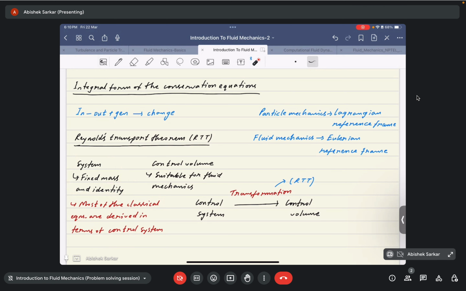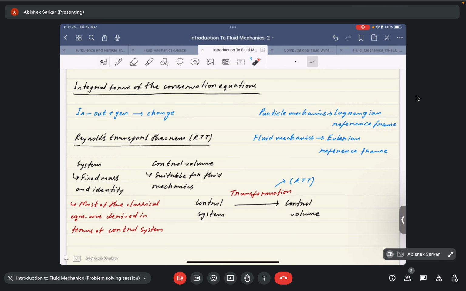We can correlate this system approach to the Lagrangian approach in some sense. But we saw that especially for fluid mechanics, this Lagrangian approach of solving problems comes with its own issues and consequences. So to deal with such issues, we derived a control volume approach, and it is here that the concept of the Reynolds transport theorem comes into the picture.